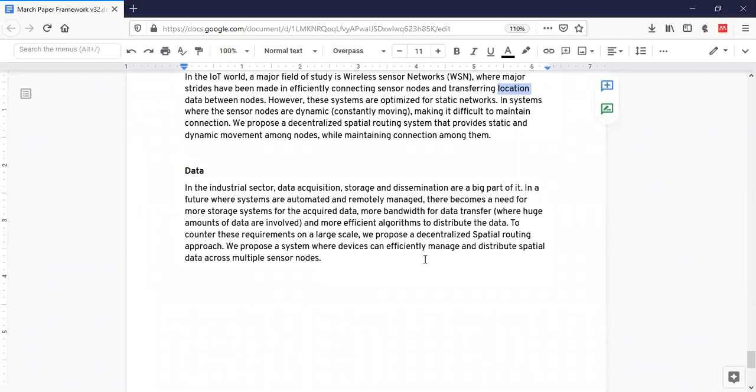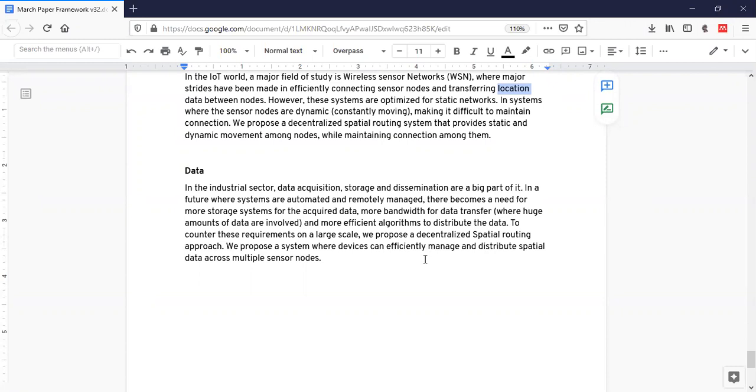And from a data context, instead of IoT this time, I said in the industrial sector, data acquisition, storage, and dissemination are a big part of industry. There's always some form of this that's required.